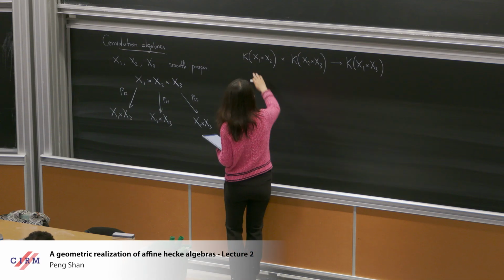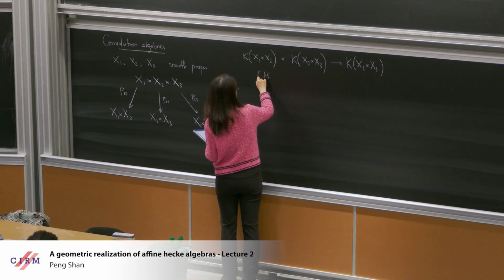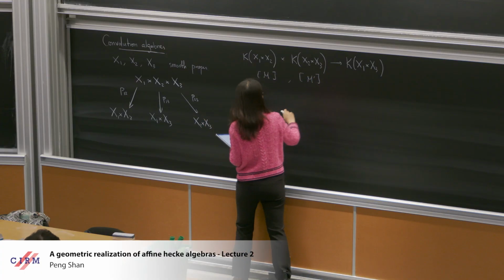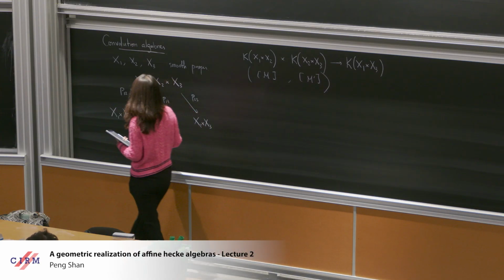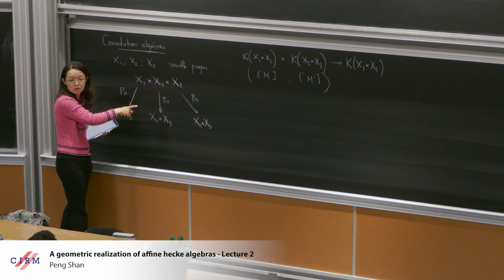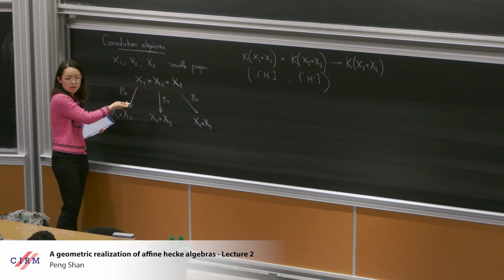Simply, I take a coherent sheaf M here, so I have a class of M here, and then I have a class M prime here. Since I assumed that these varieties are smooth, all my three maps are flat, so I can do pullback with them.